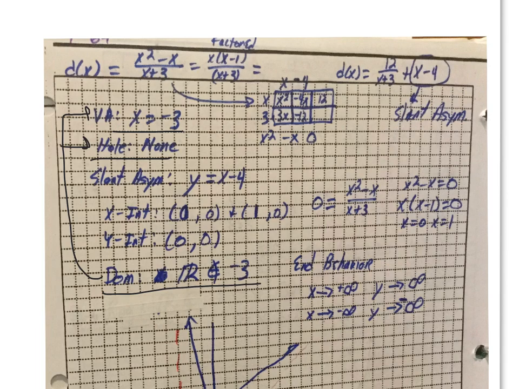My polynomial division. Now if I take x squared minus x divided by x plus 3, that will help me determine any horizontal or slant asymptotes. So using that polynomial division, I'm going to take x plus 3, divide that into x squared minus x, and what I get for a quotient is x minus 4.